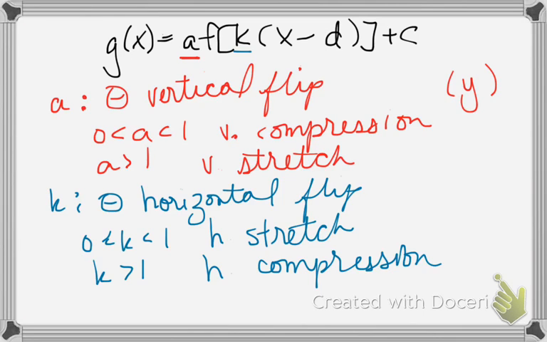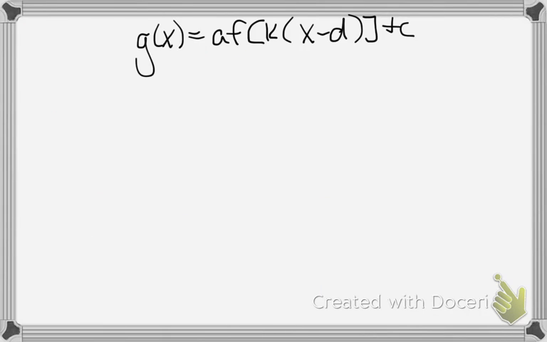Okay, so let's just continue on the next slide with our D and C values. Okay, the D value is kind of opposite of how it appears. Because of this little negative inside of our bracket here, the D value actually looks negative when it's positive, and it looks positive when it's negative. Okay, so what I mean is, if it appears positive in the equation, it's actually negative.